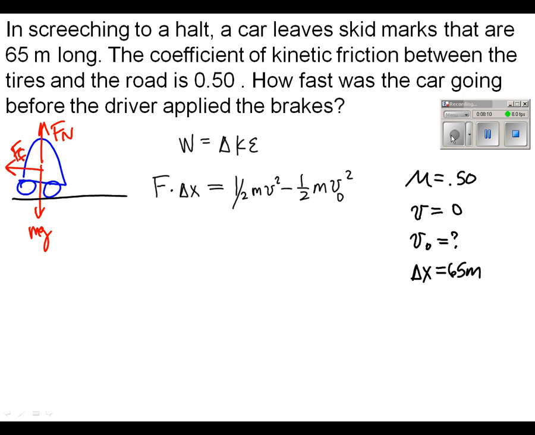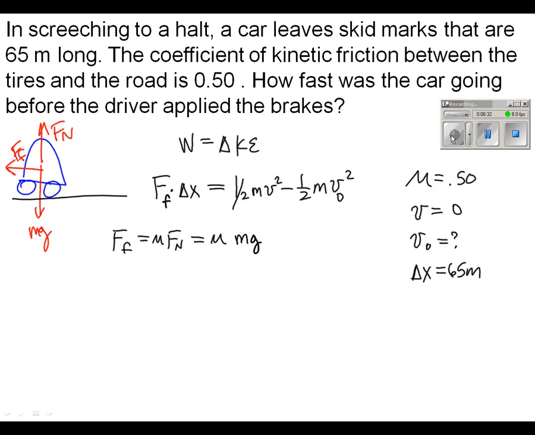Let's go ahead and for our force, we know our force is the force of friction, which is mu times normal force, which, if you look at this picture, is mu times mg. So we plug that into our force of friction.